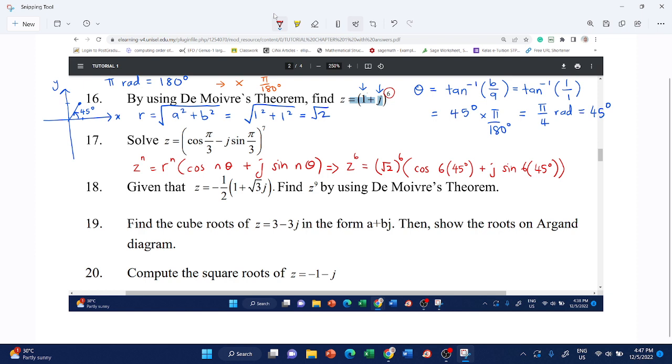Can you simplify the numbers? You should evaluate first cos 6 times 45 degrees, and then multiply with square root of 2 power 6. First one you get 0, I think, right?